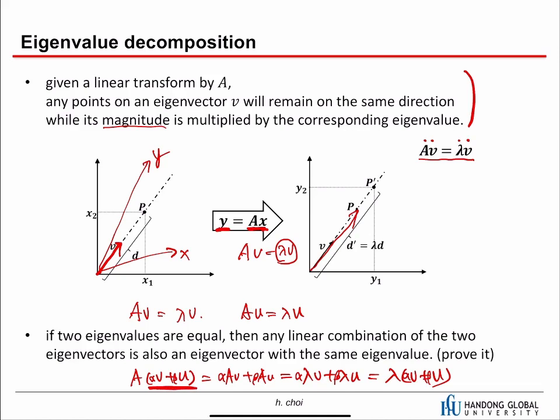Let's call this linear combination K. Then AK is lambda K, right? K is a linear combination of the two eigenvectors, so by this equation, K is an eigenvector with eigenvalue lambda, which is the same as before.